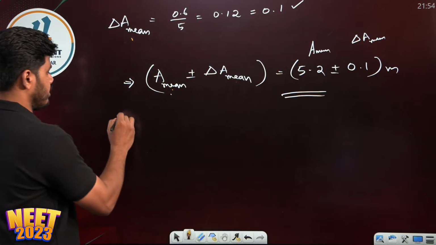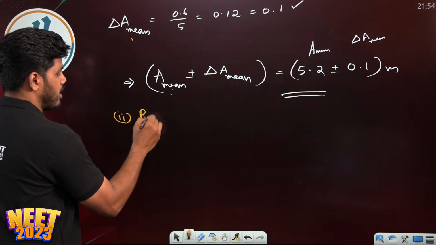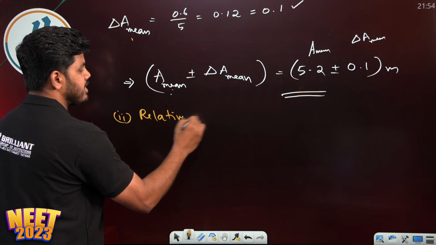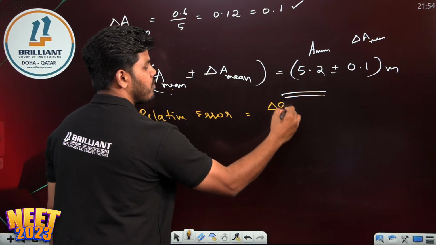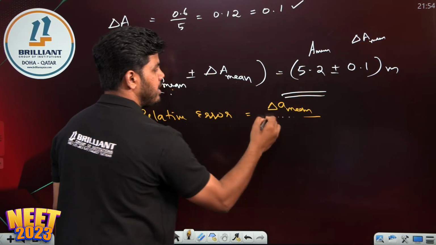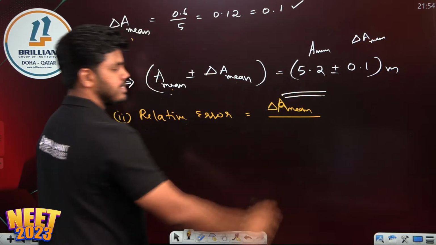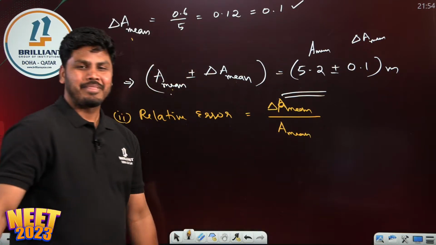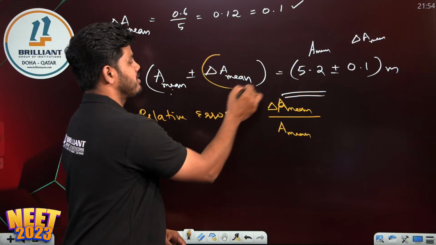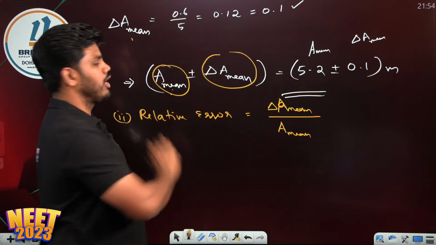The second one is relative error. Now the calculation is easy. Relative error is equal to the mean value of the errors, delta A mean, divided by A mean. Delta A mean is the error part, and A mean is the true value part.